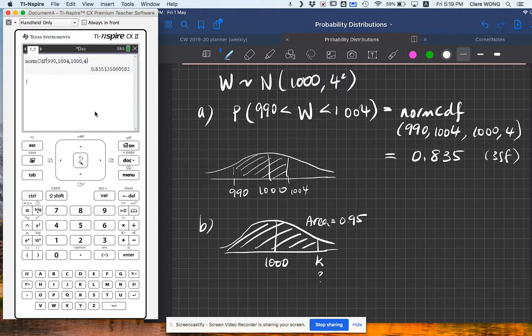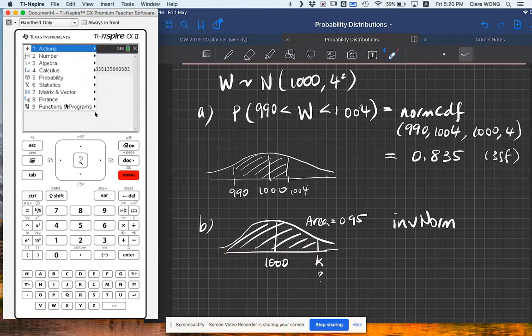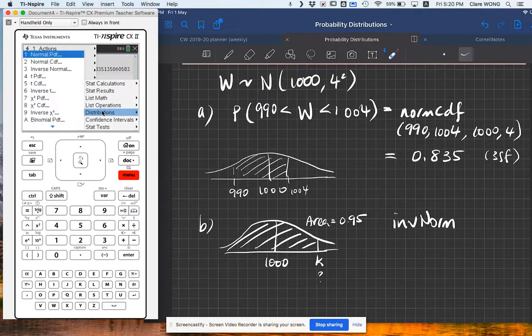And what is K? In this case, we must use inverse normal to work backwards. Since the area is from the left over here, we don't need to do any tweaking. We just need to enter it directly onto the calculator. So statistics, inverse normal.